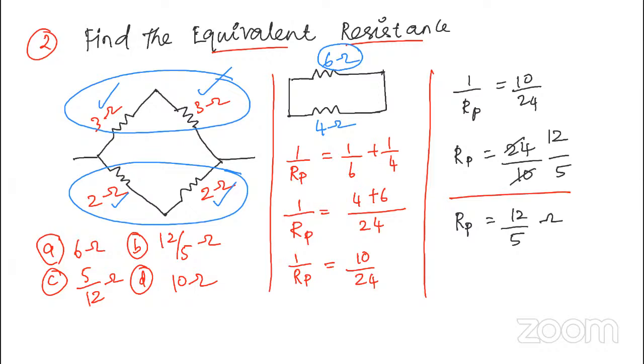So this is option B. Very good, option B is the right one. Is it clear?